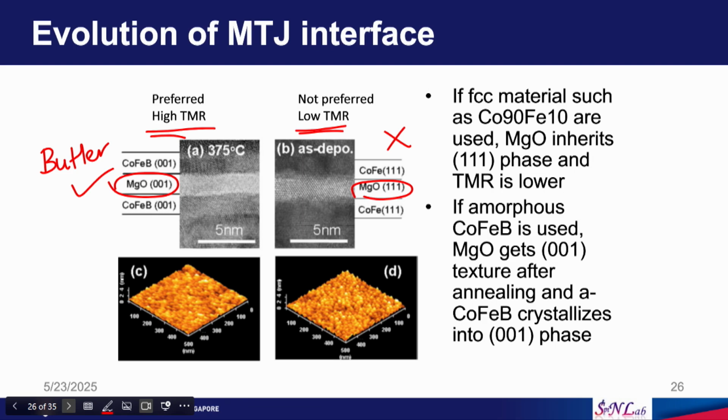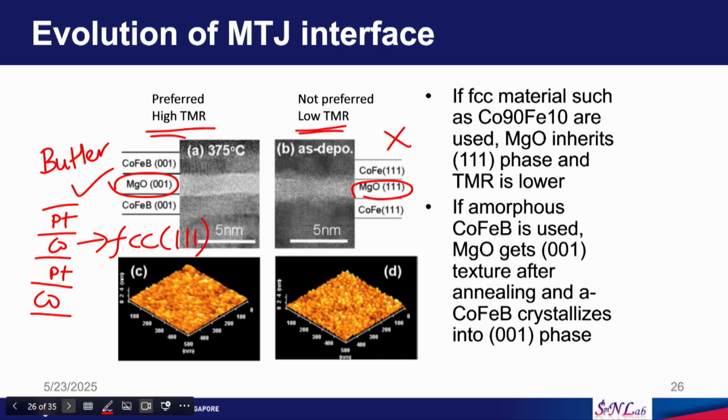So, this is the reason I told you earlier that if you have cobalt platinum multilayers, let us say you grow cobalt platinum multilayers. So, typically this cobalt platinum multilayer grows in FCC 111 structure. Okay.